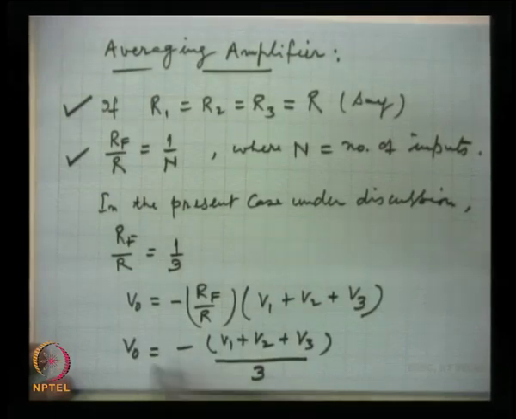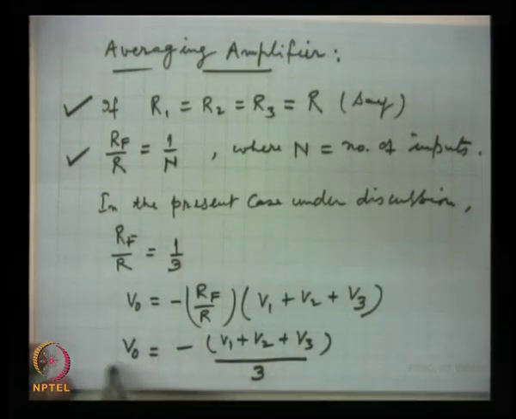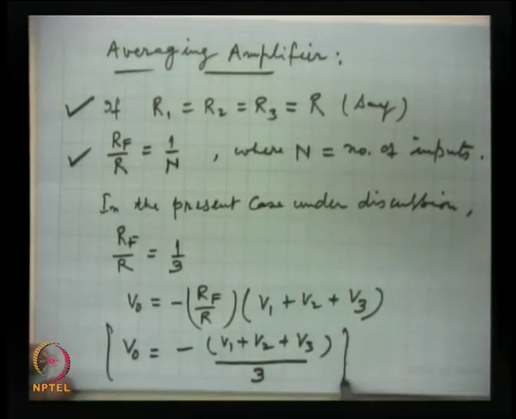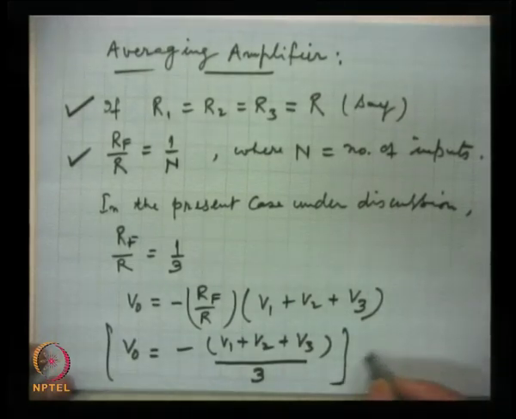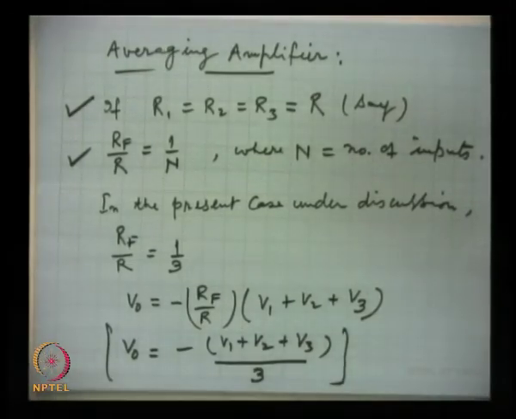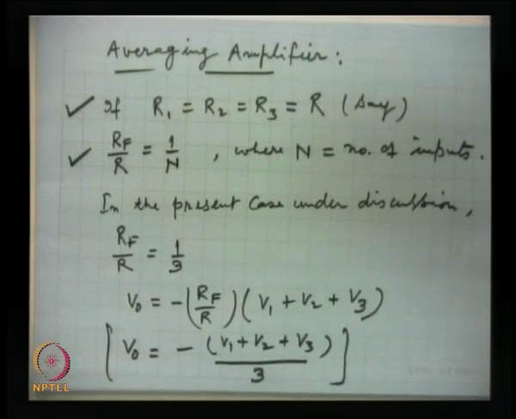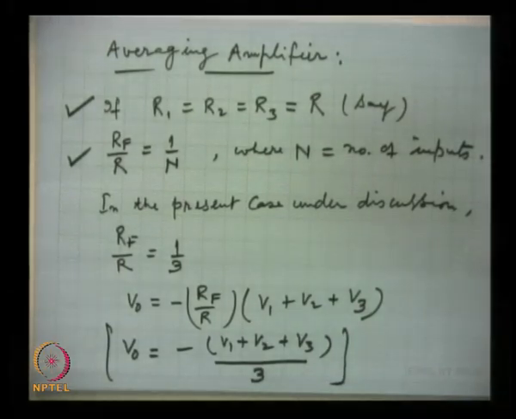So this is the result for the averaging amplifier. The output is the average of all the inputs with the sign reversed. So, this is the averaging amplifier.